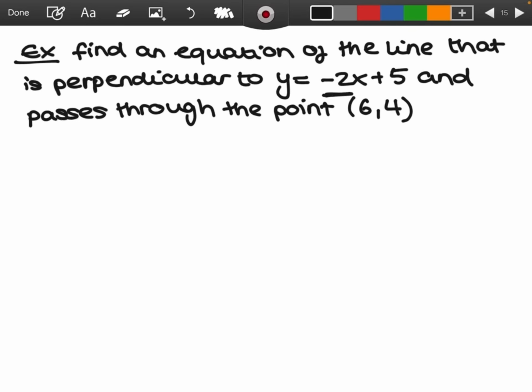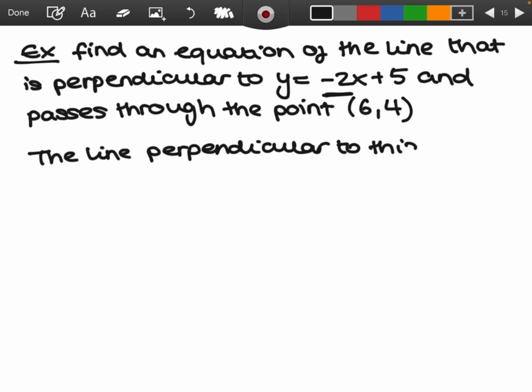Well, I know that the slope of my original line is -2. So the line that is perpendicular to this line has slope of negative 1 over negative 2.